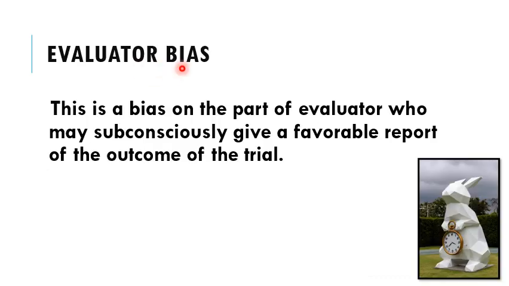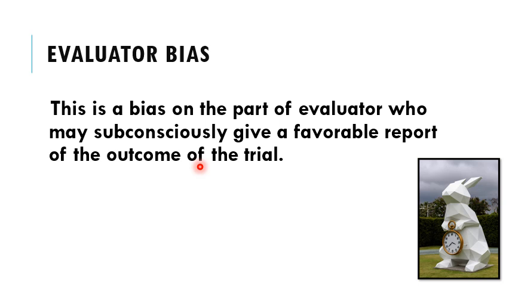Next is evaluator bias. We will also discuss it while discussing blinding. Evaluator bias means you have collected the data and given it for evaluation, either statistical evaluation. Even this is a bias on the part of the evaluator, who may subconsciously give a favorable report of the outcome of the trial, because it is very difficult to publish negative results.